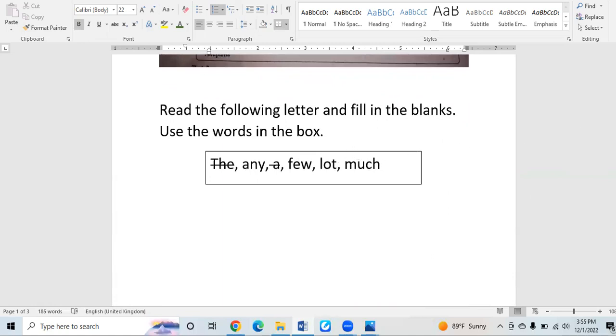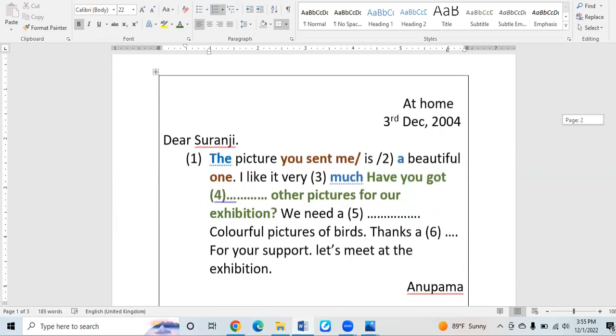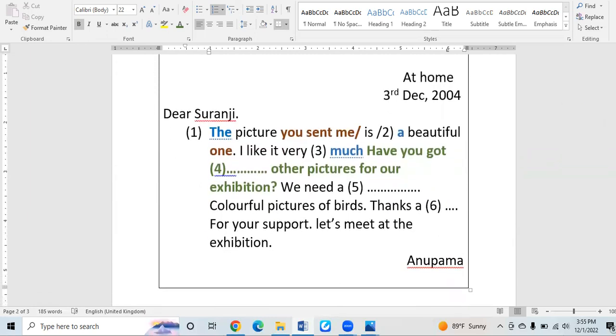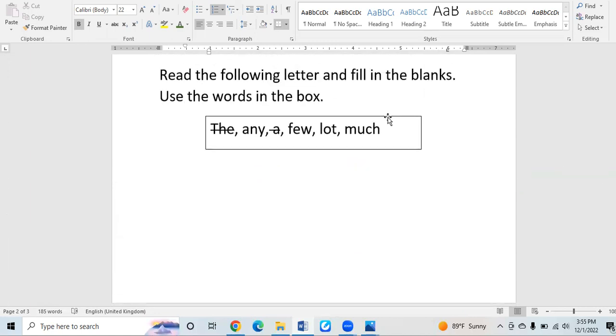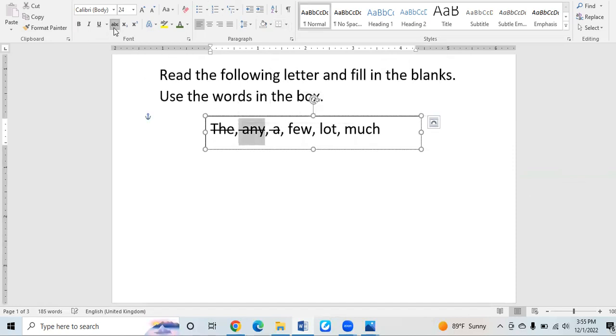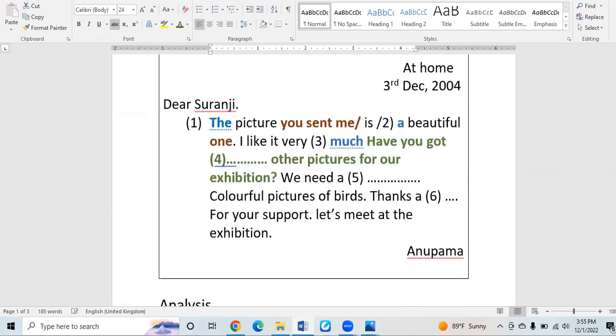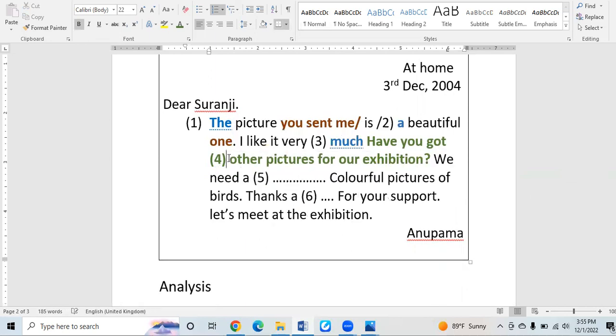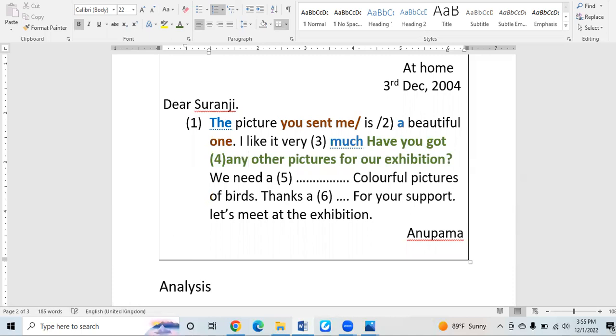We are given a positive question now. So do we have any hesitation to use "any" in this blank? No. "Have you got any other pictures for your exhibition?" Simply take it and place it there. No hesitation, because "any" can be used in a positive question as well as what?